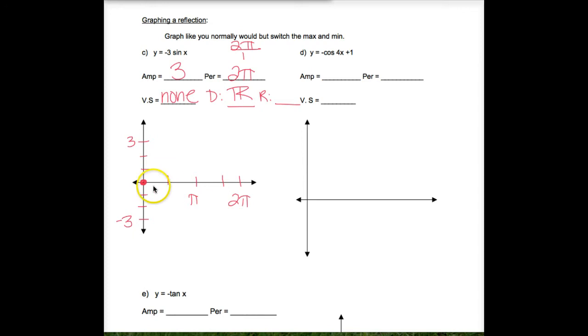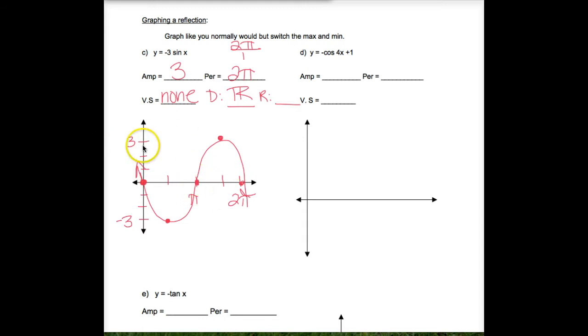So amplitude is 3, so 3 units away from my midline. I go down 1, 2, 3, then back up to my midline, and now the max, just 3, back to the midline. And there is our graph.